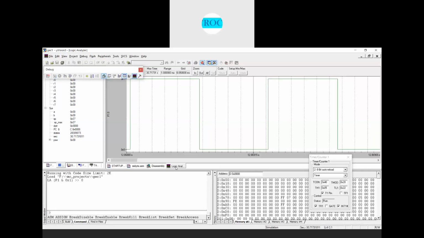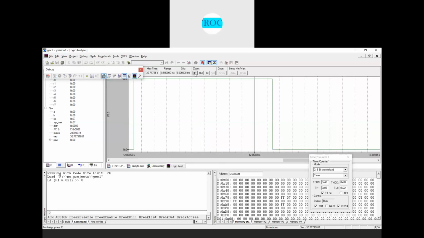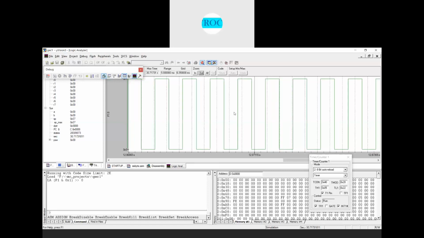Now go to the waveform which is generated. If you see this waveform, what is the frequency which is generated? You can just look at this one.